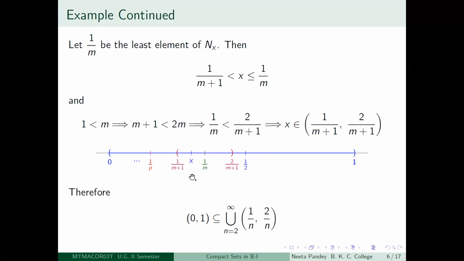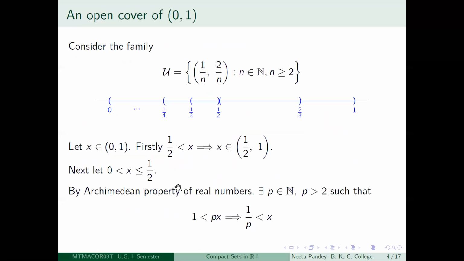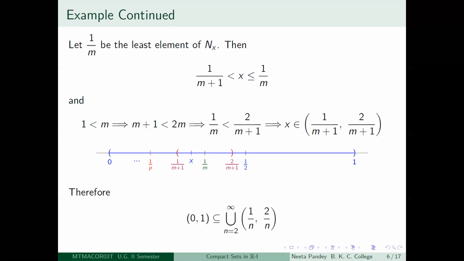For clarity's sake, we have just drawn it to be strictly less than half. It was not necessary. And then what are you saying? You are saying that you have been able to find a 1/p so that 1/p is less than x. That was our starting point, right? We had been able to find a p by Archimedean property so that 1/p is less than x.